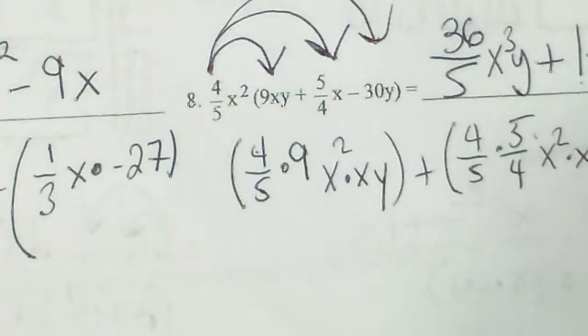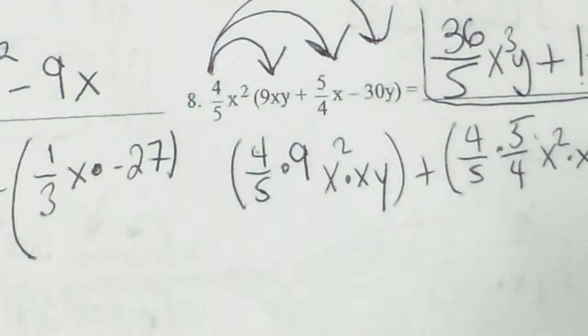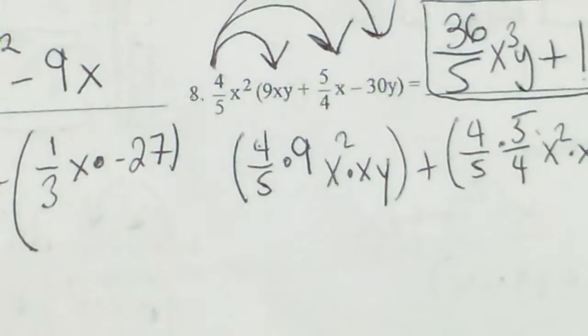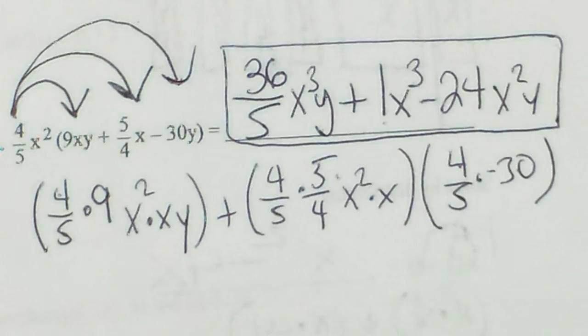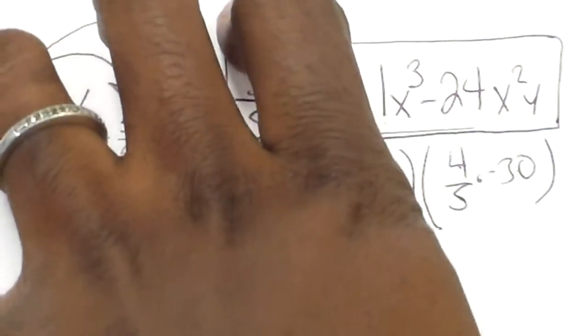And then that's just x squared and y. And so there's our final answer. None of those terms are alike, so they're just written and left like that. Got it?